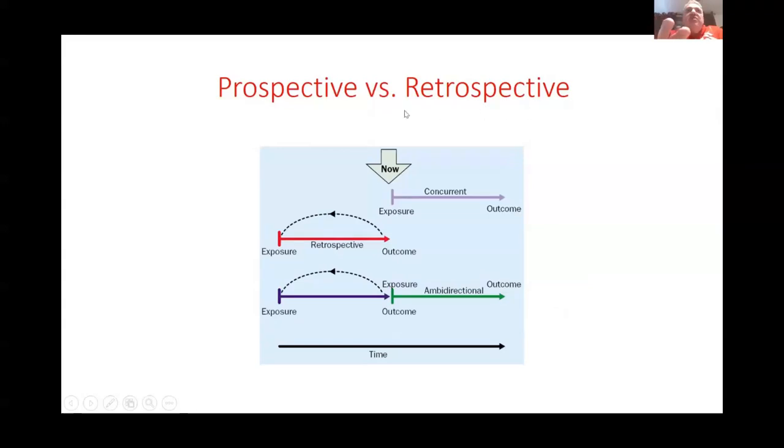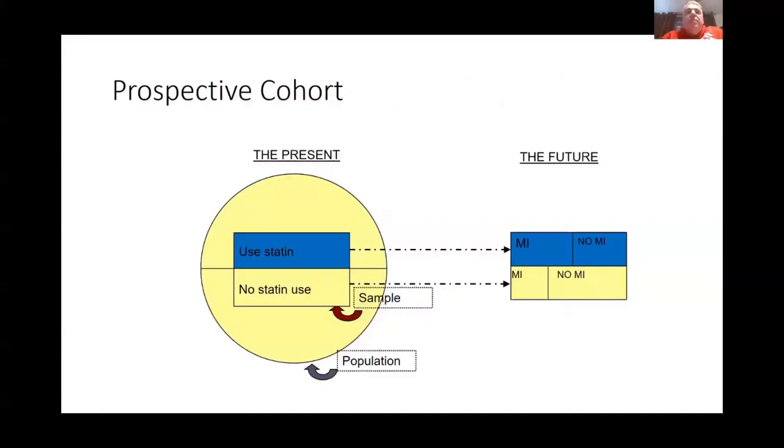This is the chart of the cohort study design. As I said, prospective and retrospective are not study designs, they are just adjectives to describe the data collection of a specific study design, specifically used for cohort study. But a case control study could also be prospective or retrospective.